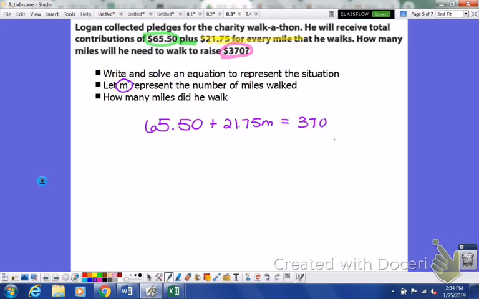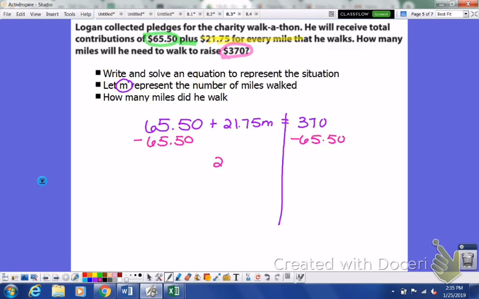So we don't have any simplifying to do this time, so we'll go ahead and drop our line down. Think about our inverse operations. The first thing I see, I want to take care of the multiplication first. I know I want to work outside in. So positive 65.50, inverse would be to subtract 65.50, again from both sides. Watch your decimal places.